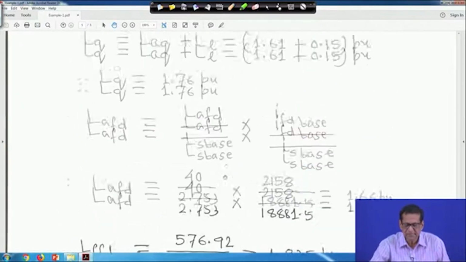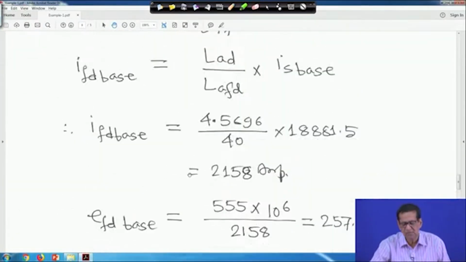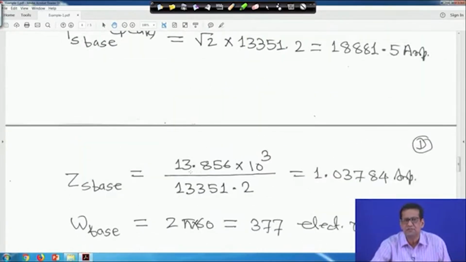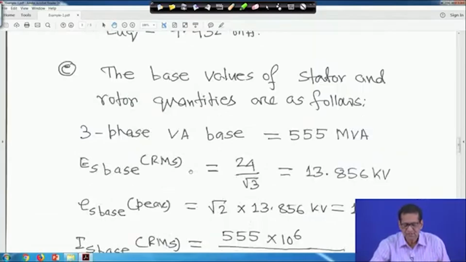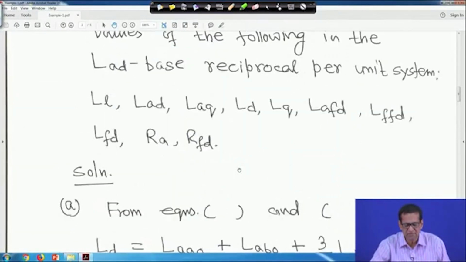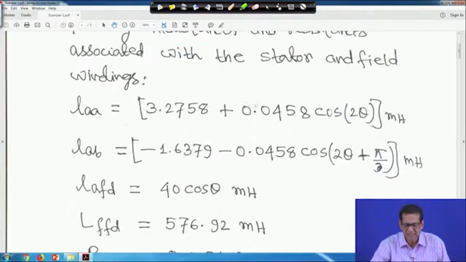This problem has been taken just to see how to transform the quantities to per unit values. What you can do is read the problem very carefully, all the data are there, follow step by step, determine all these things, find the base values, and then convert all these quantities to per unit values.